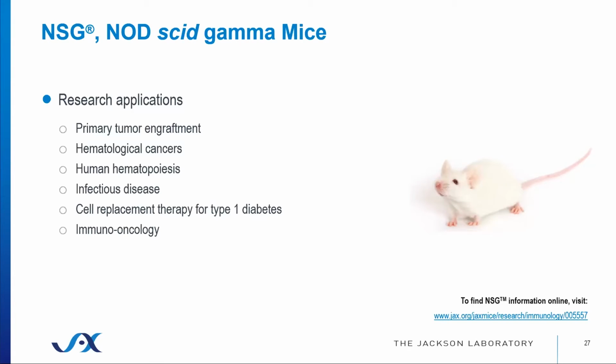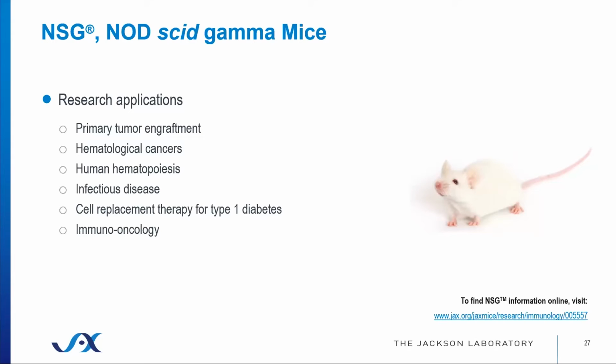Great. So let's pick up where Kat left off and get a little bit more into depth about the research applications that the NSG mice enable. A few of the research applications, and they're very diverse, that we'll talk about today are the ability of the NSG mice to serve as a host for primary tumor engraftment, hematological cancers.